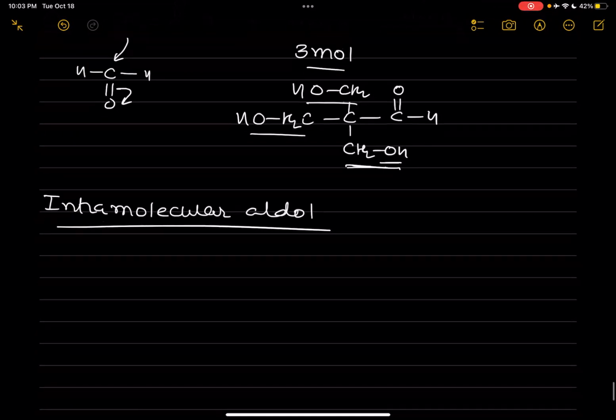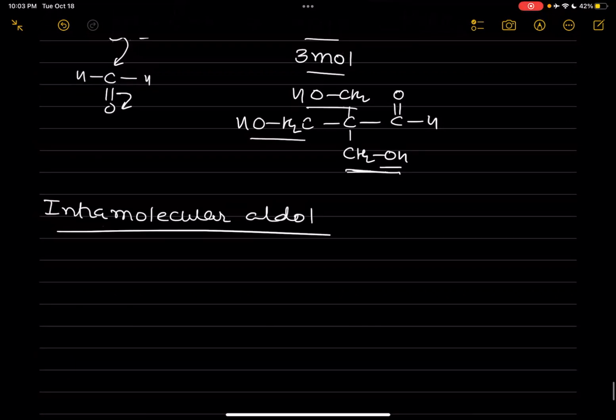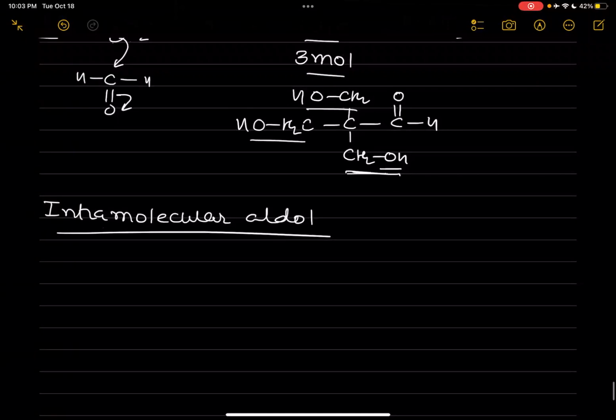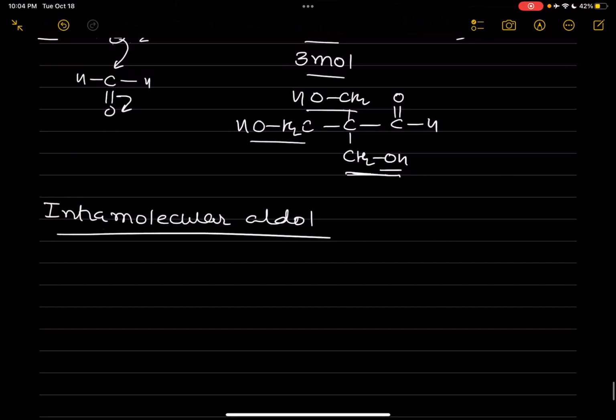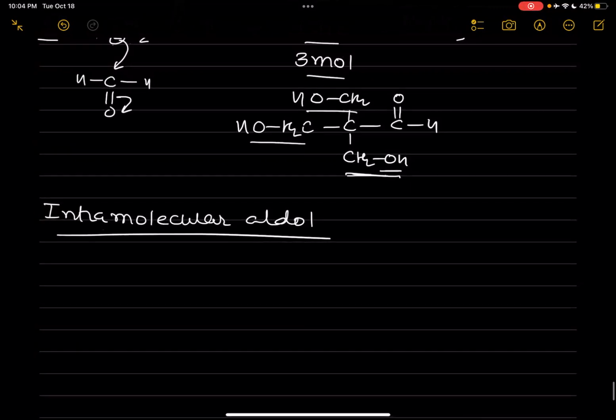Intra means within the same molecule. So suppose you have two aldehydes within the same molecule, then you are going to have intramolecular aldol condensation, right?